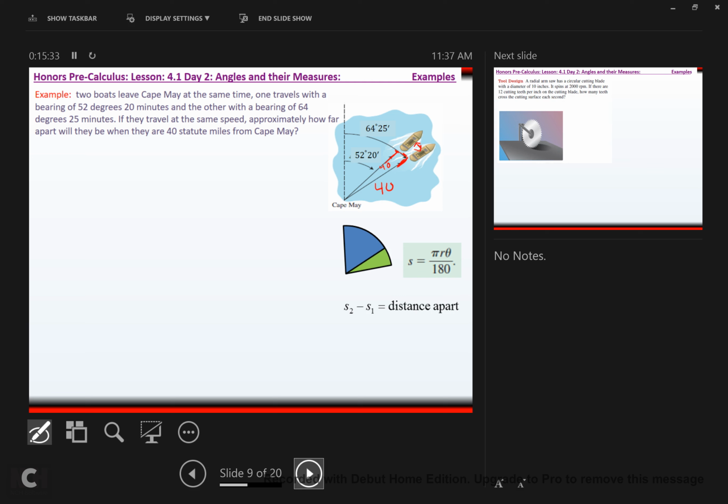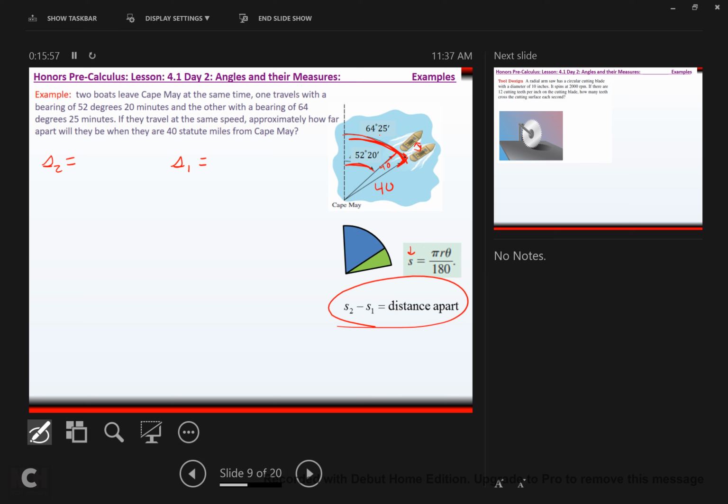So S2 minus S1: if I can get this arc length, which would be S2, and this arc length, which would be S1, and subtract them, that's going to be how far apart they are. Well, I've got the radius and the degrees. All I need to do is calculate the arc length.